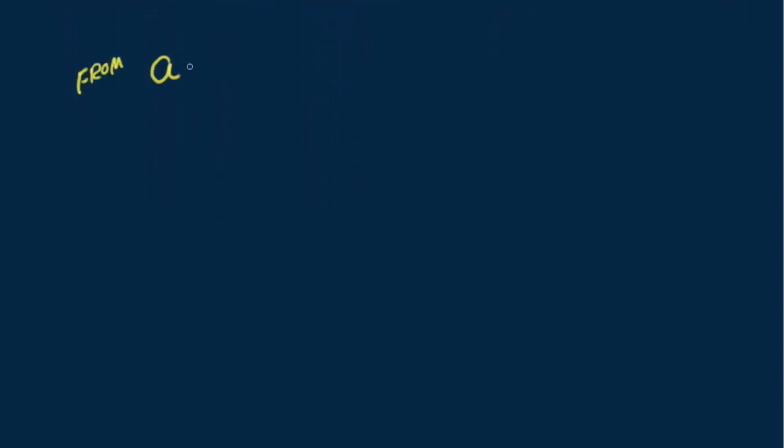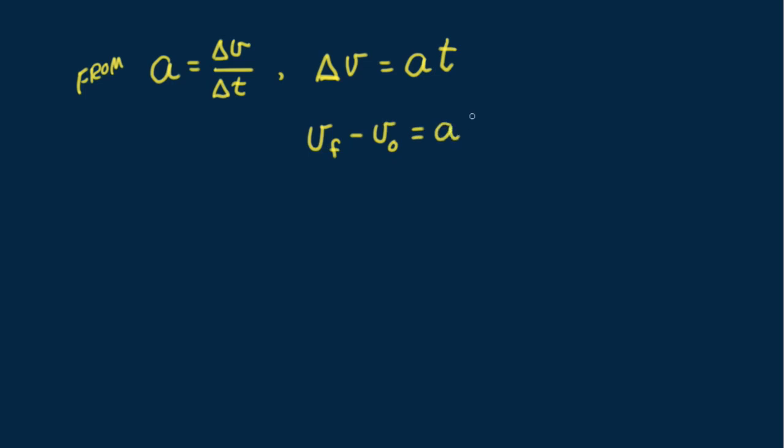From the equation a = delta v over delta t, we can arrange that and get delta v equals acceleration times time, where delta t is just the time interval t. The equation says the change in velocity equals the acceleration multiplied by the time. And the change in velocity, delta v, is v sub f minus v sub 0, and that's equal to at.